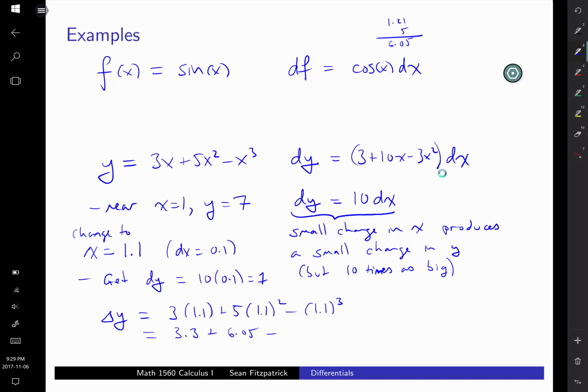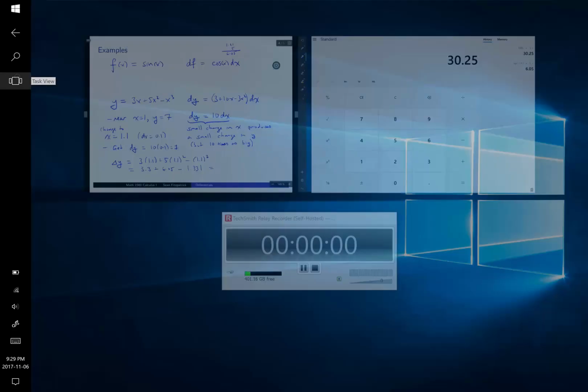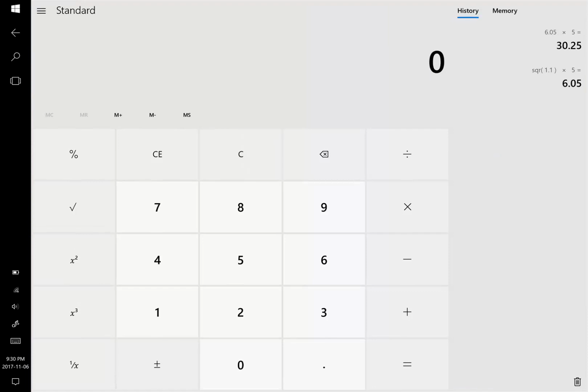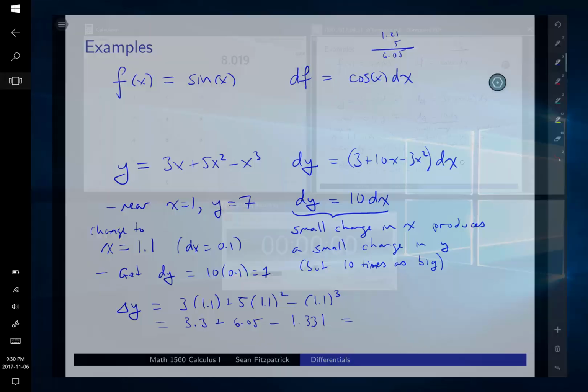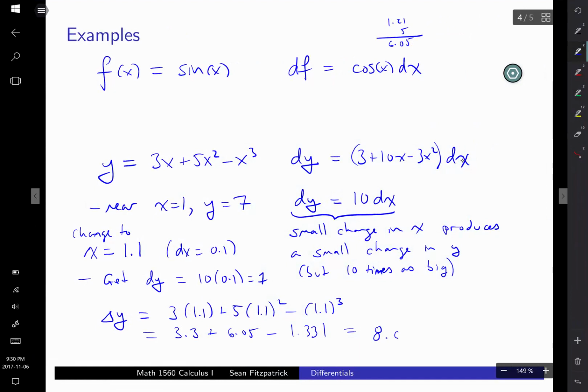All right. 1.331. Okay, so let's see what that gets me. 3.3 plus 6.05 minus 1.331 is 8.019. Okay, so we've got to subtract the 3 plus 5 minus 1, right?